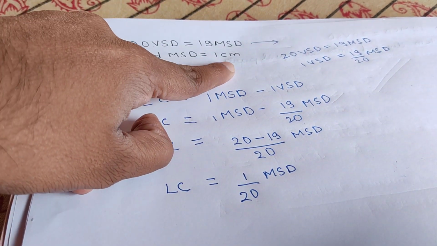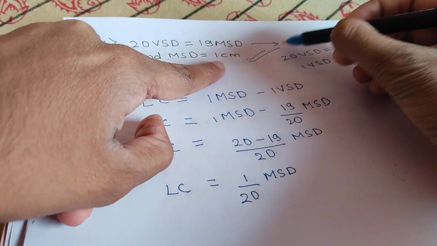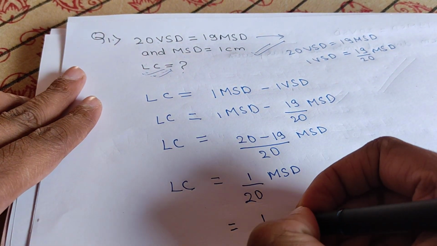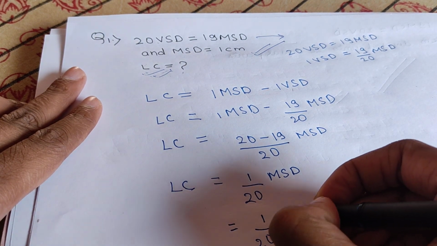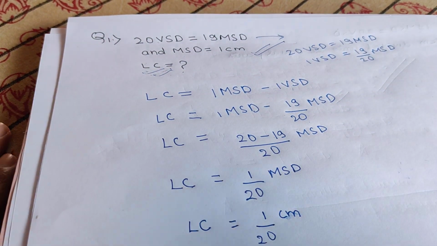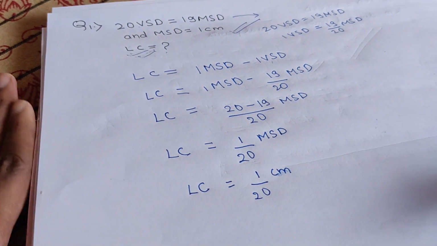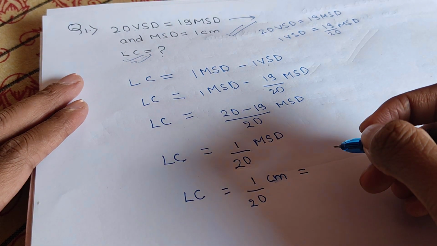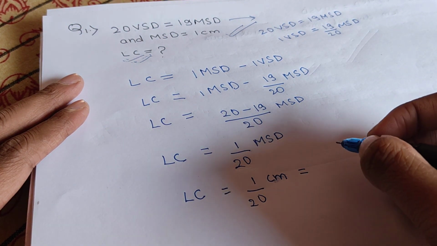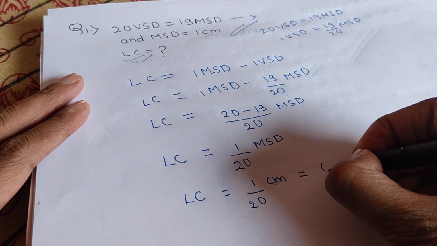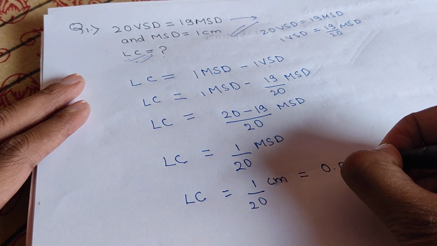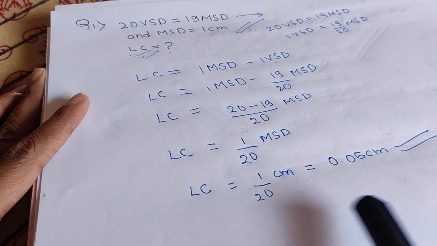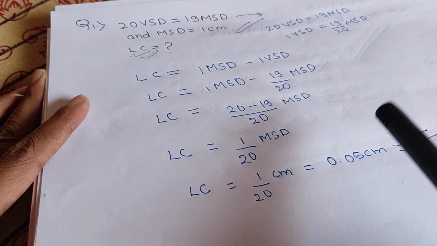Here MSD is given as 1 centimeter, so put 1 centimeter instead of MSD. Now solve the value. When you solve it, it becomes 0.05 centimeter. This is the answer. Here the least count is 0.05 centimeter.